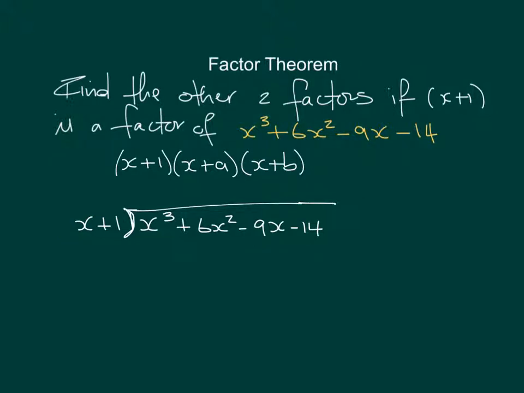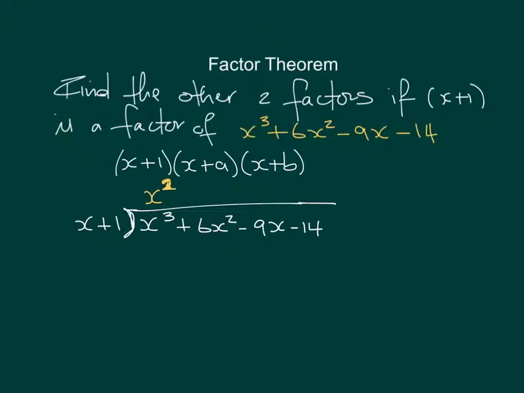So what I need to do is this highest power in the numerator divided by this highest power in the denominator, and I will end up with x squared. Okay, when you do x cubed divided by x, you get x squared. That's all I'm interested in. Now what I need to do, multiply the x squared by the x and the 1.